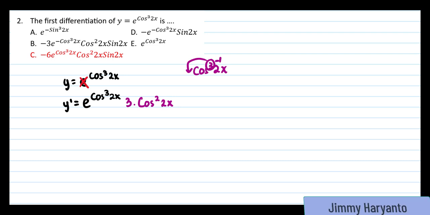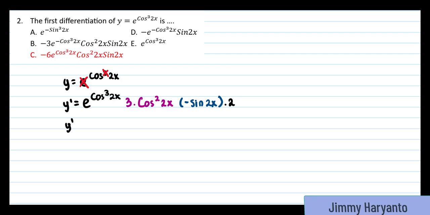Okay, we are already done for the 3, and then we go further with the cos. Now the cos will become negative sine. The 2x is still the same, and then we'll go further to the 2x. The 2x will become 2. There you go. That is the chain rule.